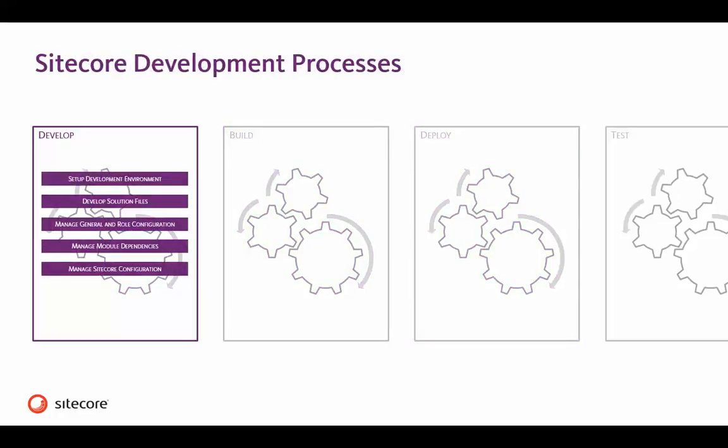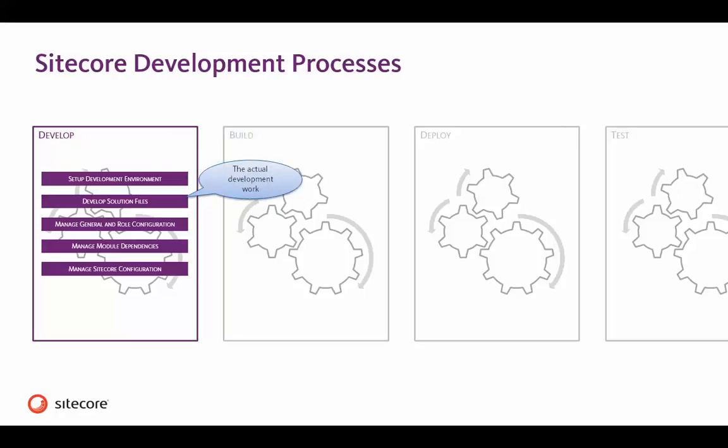We can split each of these steps or processes into sub-processes. In the development step, we'll have setting up a new development environment. So this is the stuff you do when a new developer comes aboard, or when you start your initial development. Then you need to set up the development environment on the local machine.